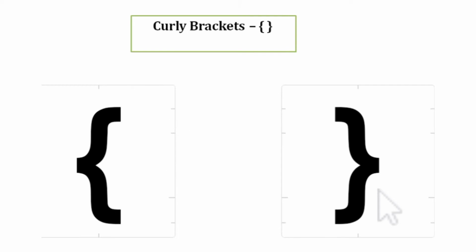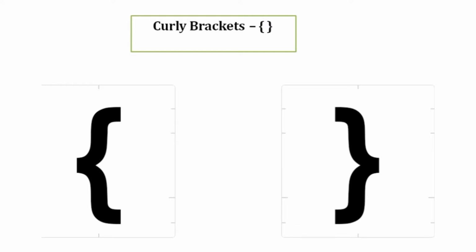This one is called curly brackets. The first one, you can see, is a left curly bracket, and the next one is a right curly bracket.